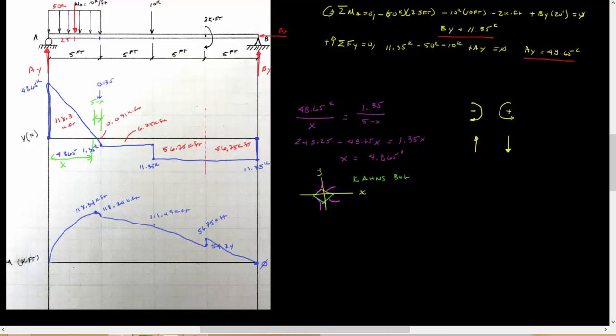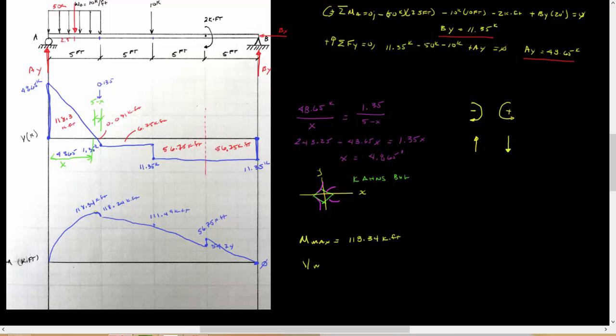By looking at this, I don't have to do every single point to analyze shear and moment. I can look at my beam here and say, okay, my shear is this, my moment is this, at any point along the beam. Now, my moment max, bending moment, is 118.34 kip feet.